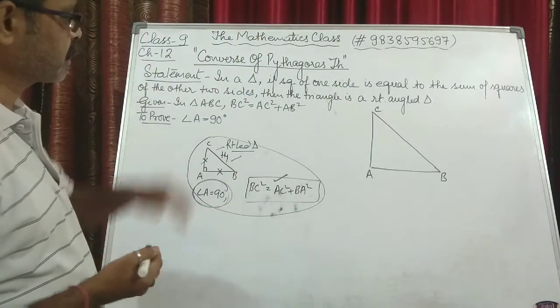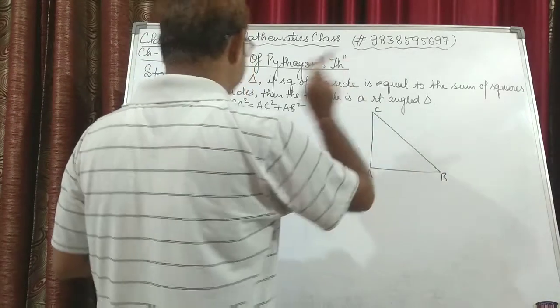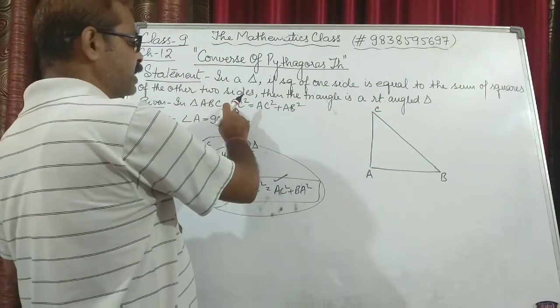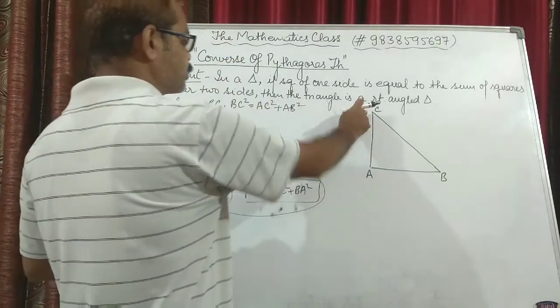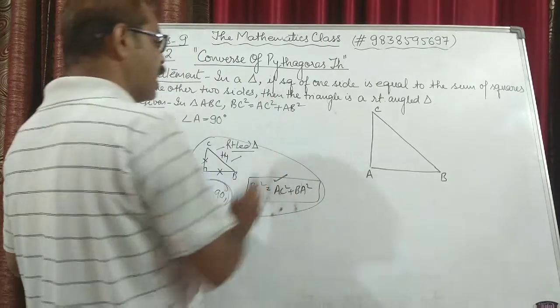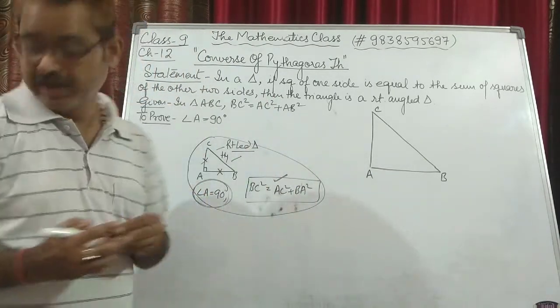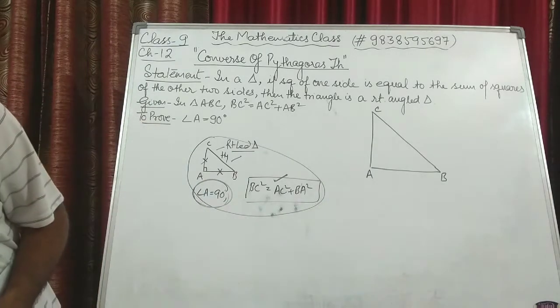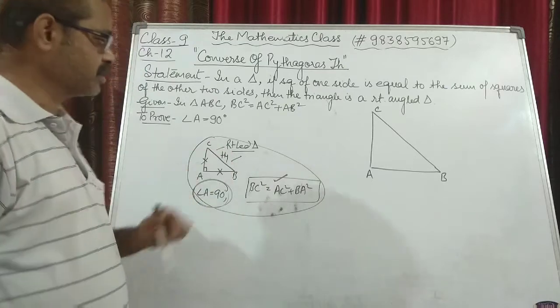With the help of the statement I have drawn a diagram: ABC is a triangle in which it is given that BC square, the hypotenuse square, is equal to AC square plus AB square. And what we have to prove is that angle A is 90 degrees. I hope the difference is clear.